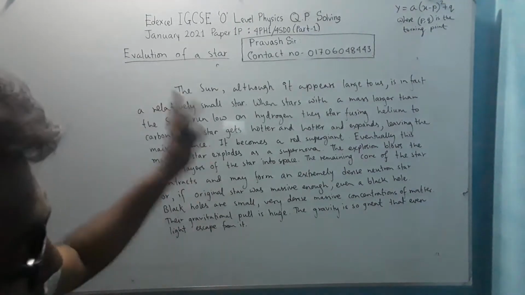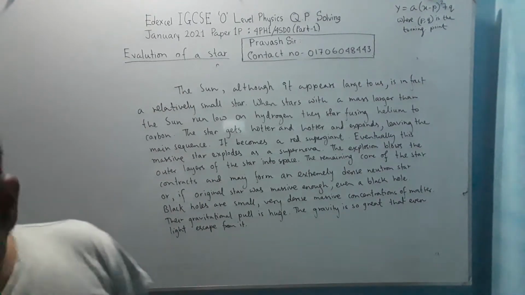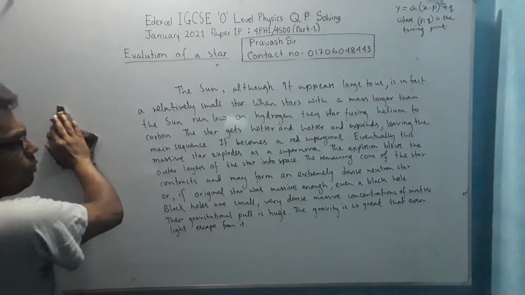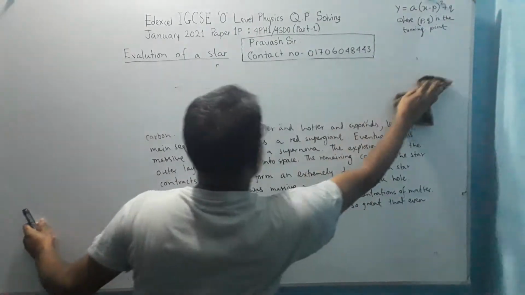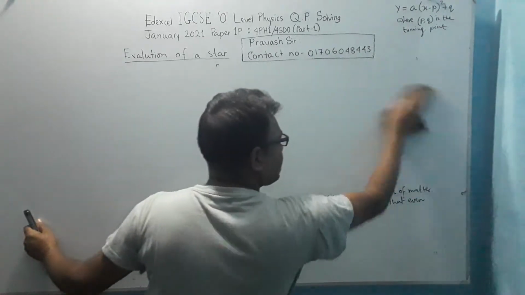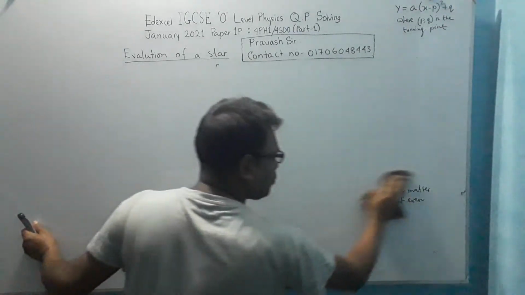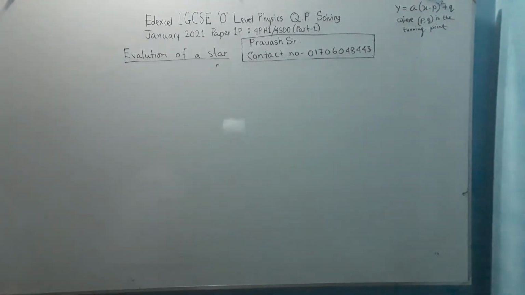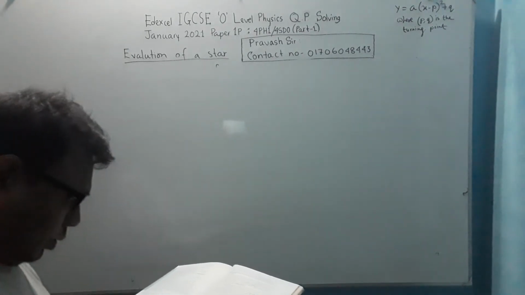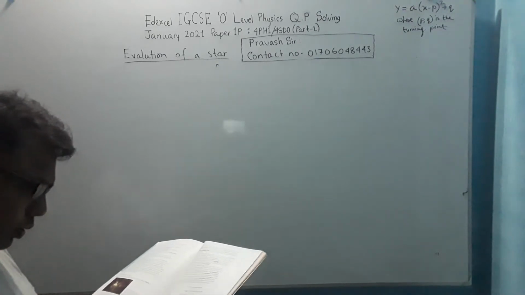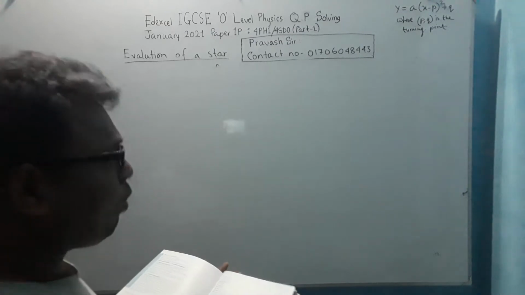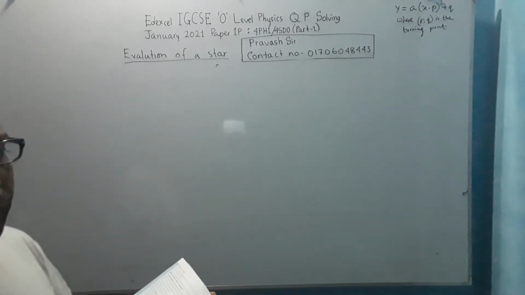So I'm going to write the different stages of a star. So we can summarize the life history of a star.